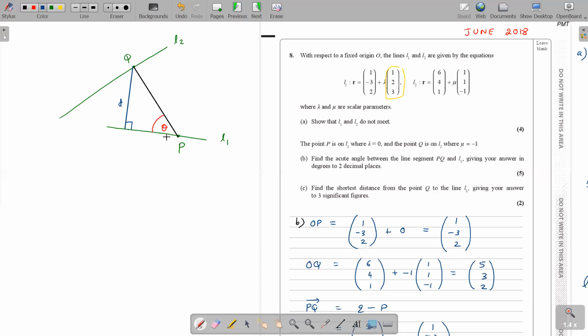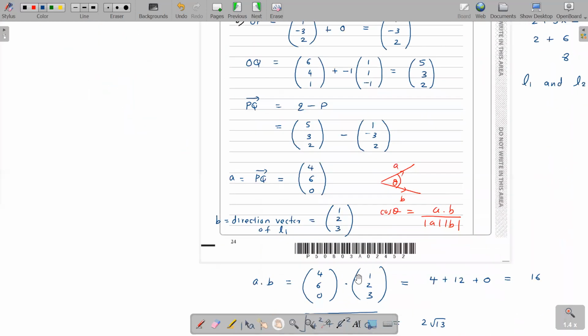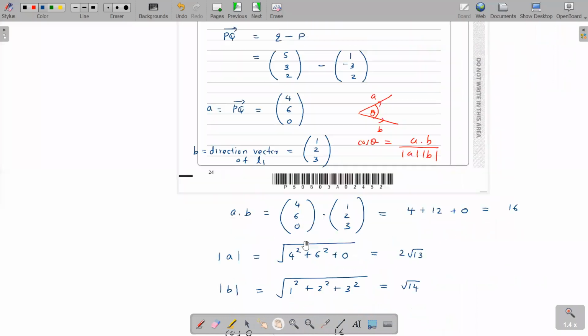So how do we get this D distance? You can see I already have a right angle triangle here. The theta value is known. They want it to 3SF. So what you can first do is get the PQ distance. I think we already got the PQ distance, isn't it? Because we got the PQ vector in the earlier part, and we got the PQ modulus.